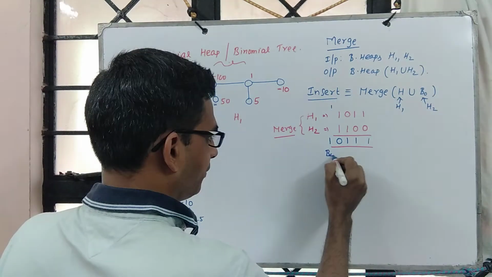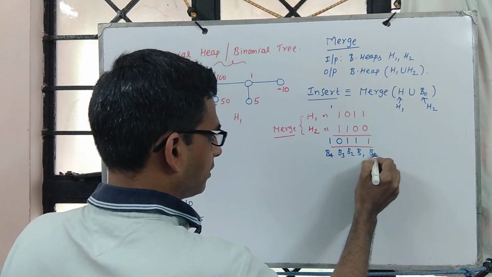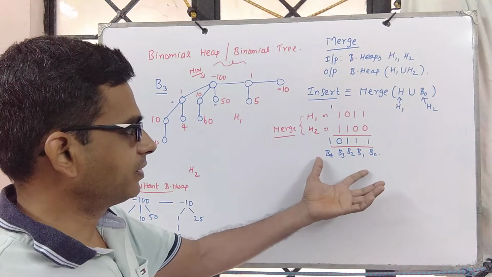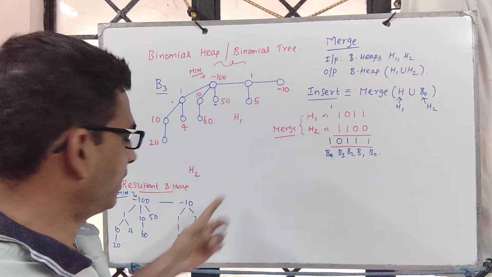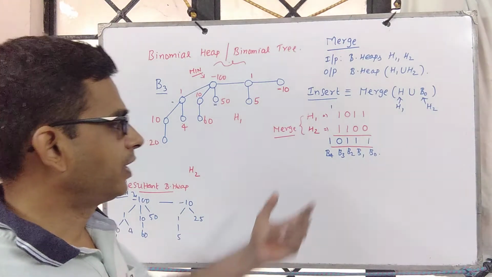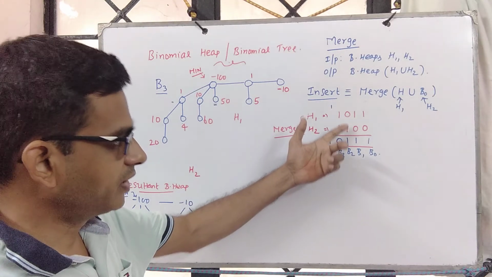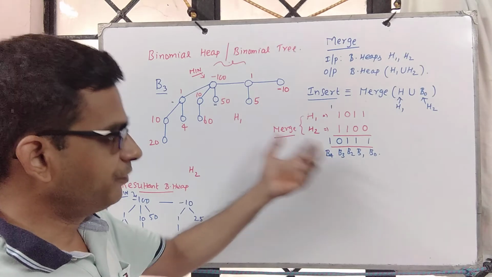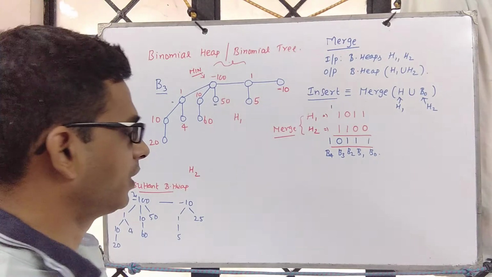So this is our B4, B3, B2, B1 and B0. This itself gives you an algorithm, and if you find B0 over here as well as B0 over here, merge them to create B1. And if you already have B1, then merge them, create B2. And if you already have B2, merge them, create B3 and so on.